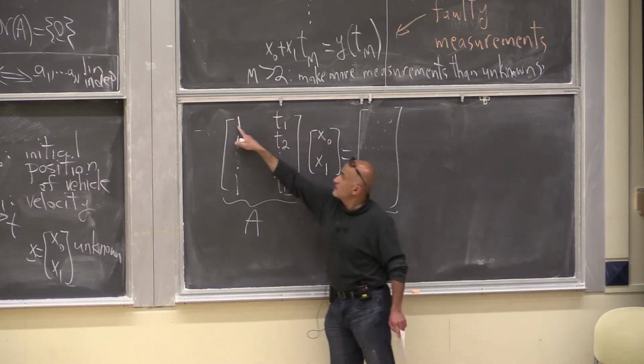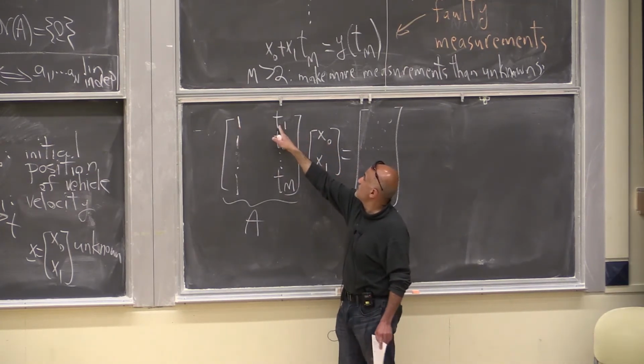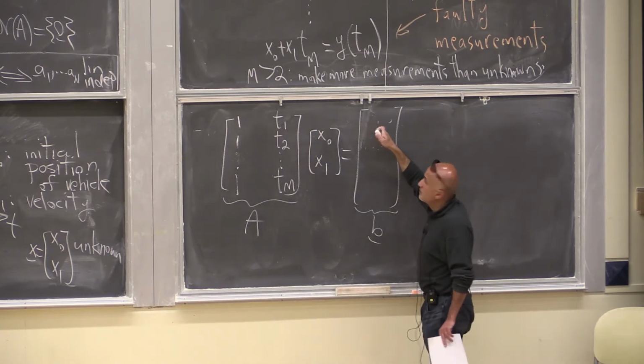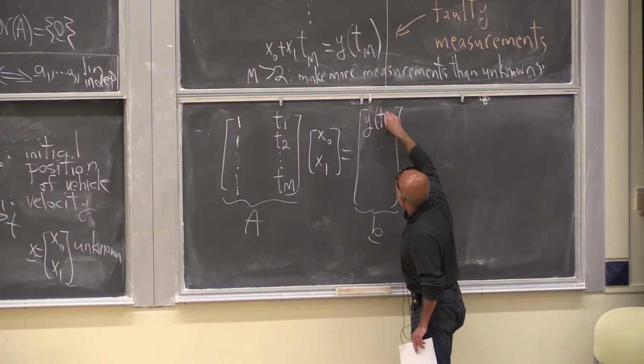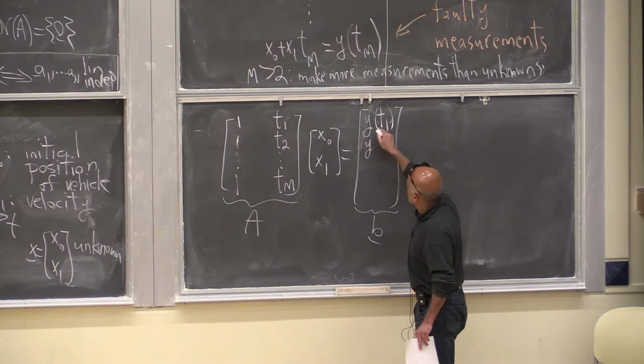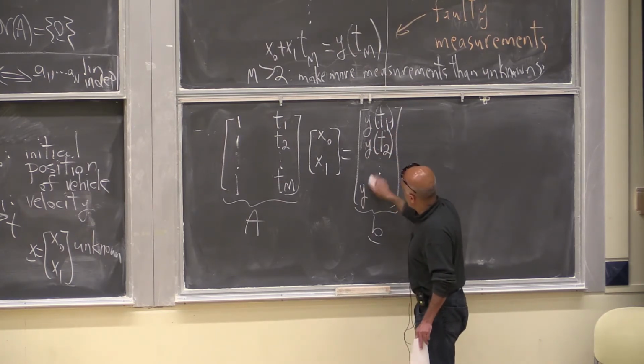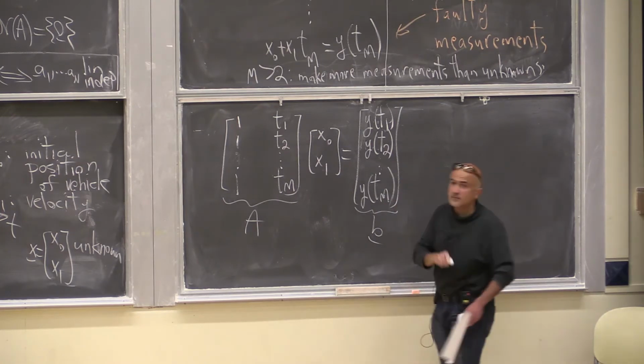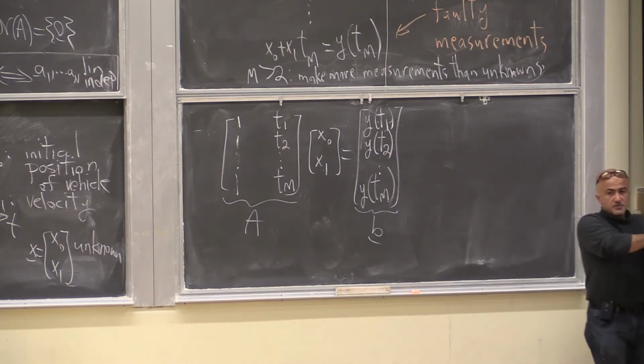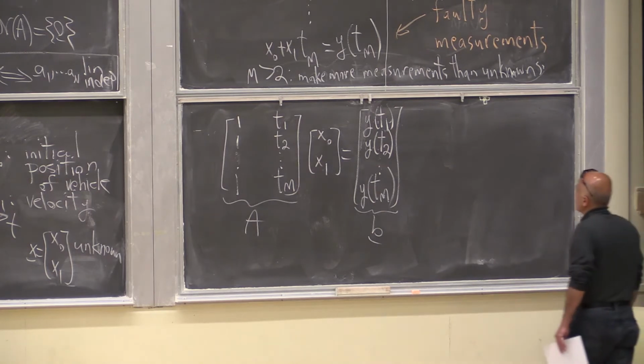So x naught times 1 plus x1 times T1 equals y of T1, y of T2, all the way to y of Tm. That's your set of equations.